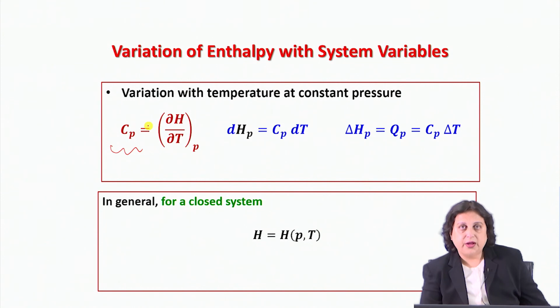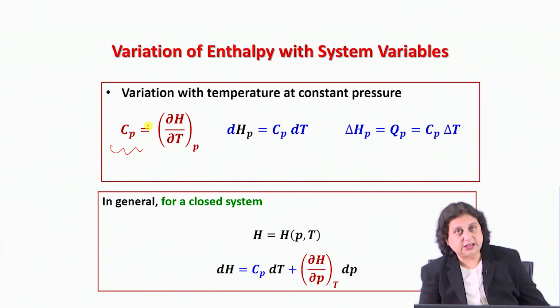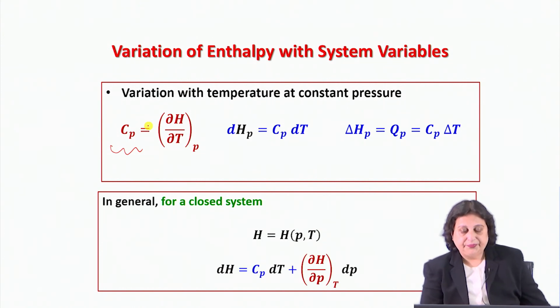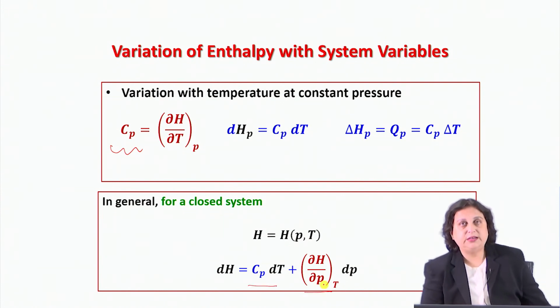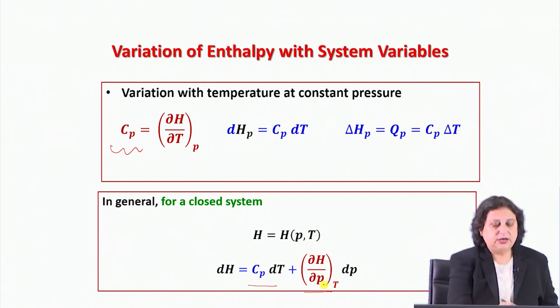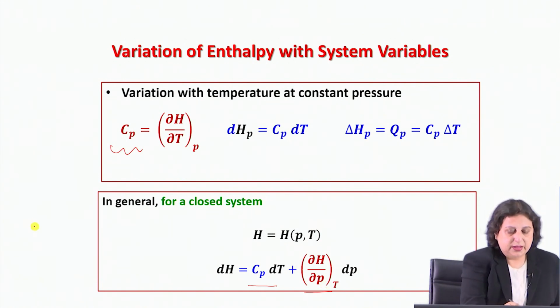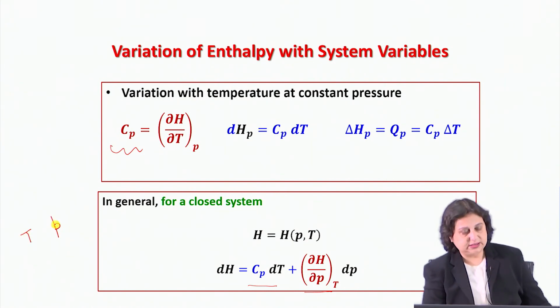And therefore, I can say that dH would be Cp dT plus (del H / del P) at constant T into dP. So once again, I am talking about an initial equilibrium state which is defined by temperature and pressure of this closed system, so N is a constant.